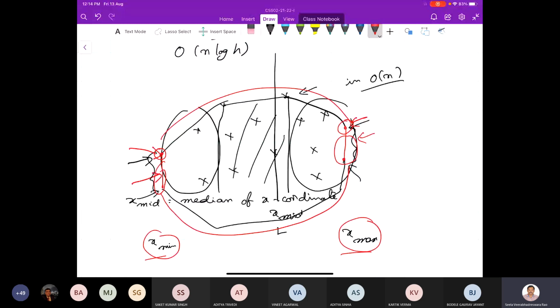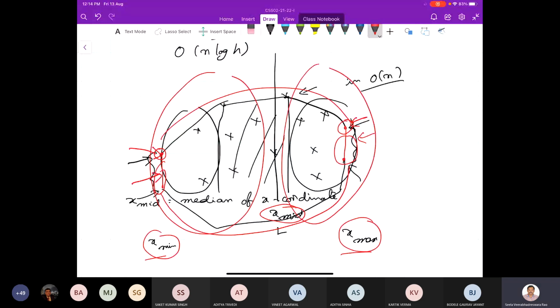Find the median of the x coordinates of these points. Let's call it x mid. Now take a vertical line passing through x mid. This is L. Now here, if you are following the traditional divide and conquer algorithm, we should find the left hull, that means the convex hull of the left sub points, here, and the convex hull of the right sub points.